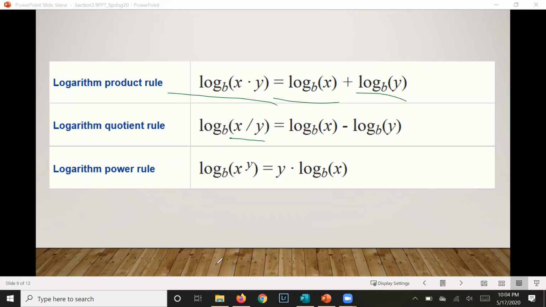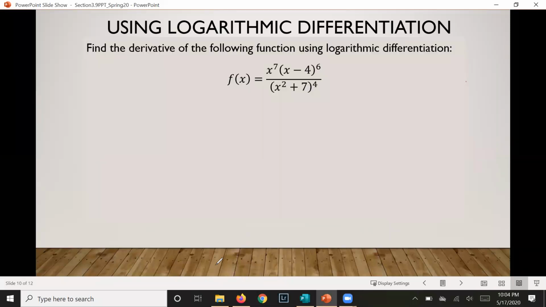If the two things inside the log are being divided, you can rewrite this as log of the top minus log of the bottom. And the other one we used in that last problem was the logarithm power rule, which tells us that if the thing inside of our log is raised to a power, we can move that power out to the front. Okay? So keeping those in mind, let's use those on this problem now.